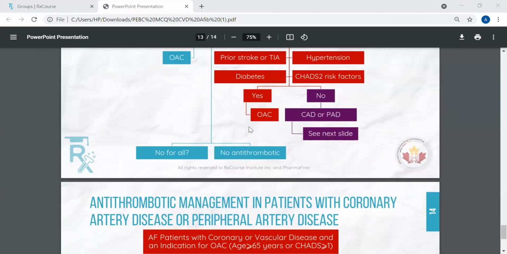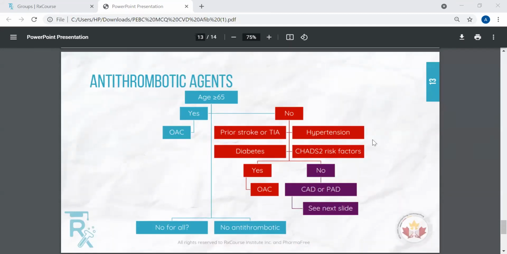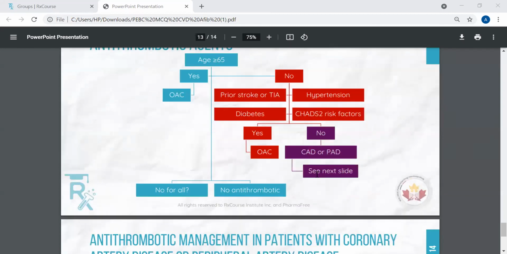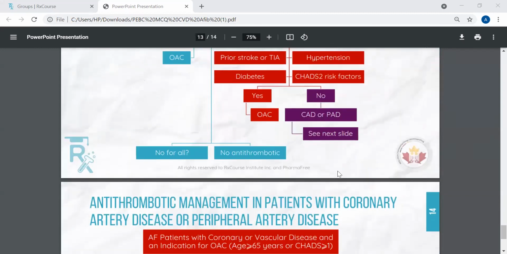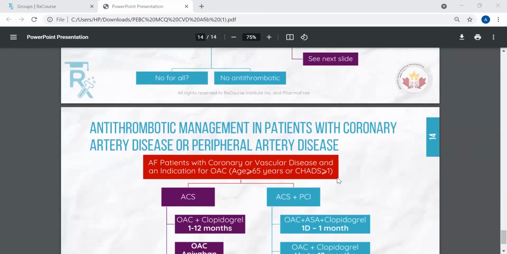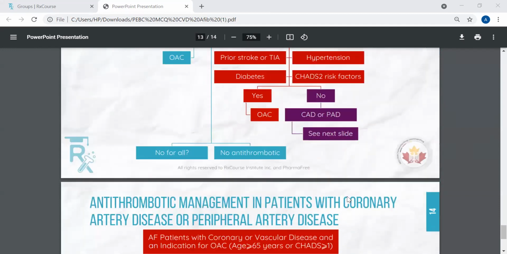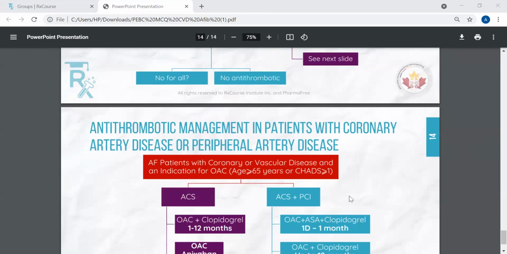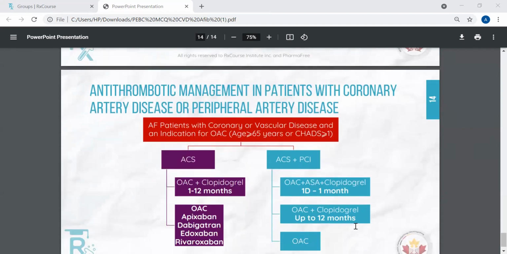But if the patient doesn't have, like a patient who is 46 years old and doesn't have anything of the CHADS score, I will not give him anything. I don't need to give him antithrombotic because he is still healthy, his heart is still healthy. Okay. If the patient has coronary artery disease and I have to give him something to prevent the blood coagulation, it depends on the patient state.